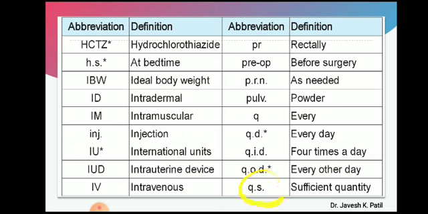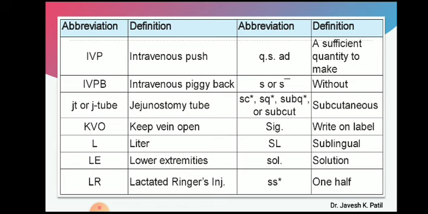And QS, this is also used popularly, quantity sufficient, or sufficient quantity. Next, intravenous push, IVP. Then intravenous piggyback, IVPB. JT or J tube, that is jejunostomy tube.